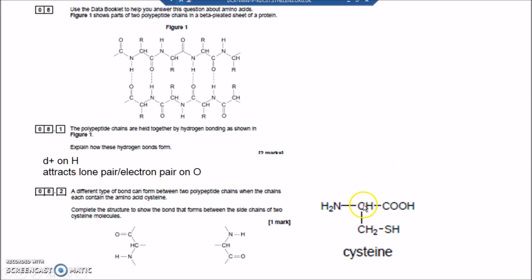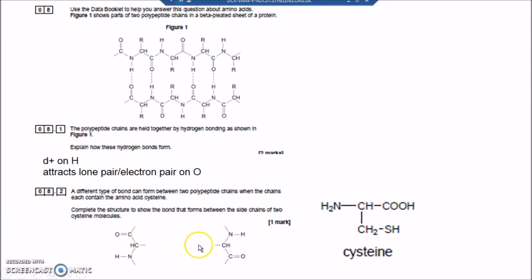We've got something called cysteine here, and cysteine has got this CH2SH, and this SH can bond with another SH. It releases the H's and forms an S to S, the sulfur bridge. So here we've got a section of the molecule CH. This CH here is this CH.